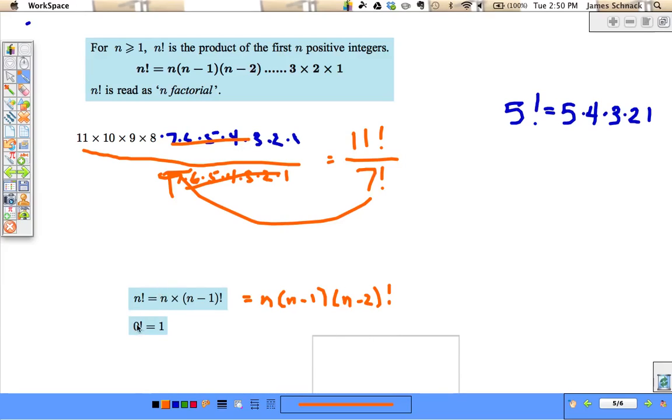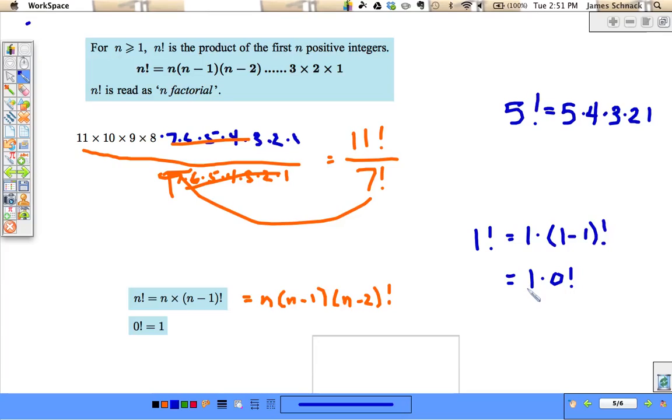And by this reasoning, 0 factorial equals 1. And wait a minute. 0 factorial, 0 times everything less than it down to 1. How does that work? You can't get to 1 from 0 by getting smaller. But if we talk about 1 factorial, that would be 1 times 1 minus 1 factorial. According to this definition, that's equal to 1 times 0 factorial.